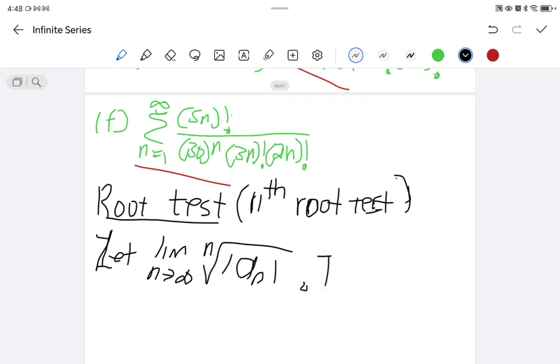And then if this is the case, I think this pen is tired of writing.